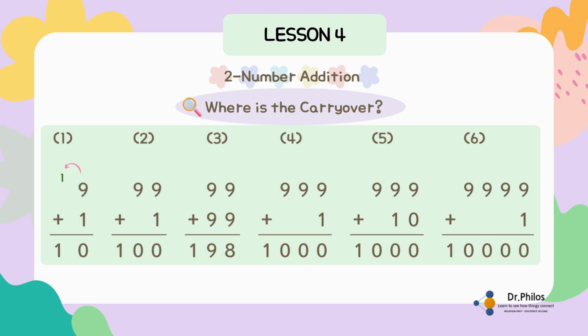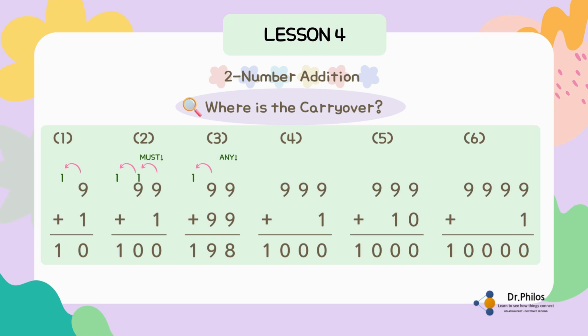In number 2, a carryover happened from the tens place to the hundreds place. And a carryover must happen in the ones place too. In number 3, a carryover happened in the tens place. In the ones place, a carryover can either happen or not.